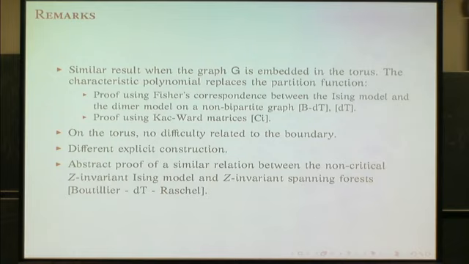This is the phase transition that you have. So you really have a correspondence between the phase transition in the Ising model and the phase transition between spanning forest and spanning tree. Cédric's talk will be about the study of Z-invariant spanning forests away from criticality.